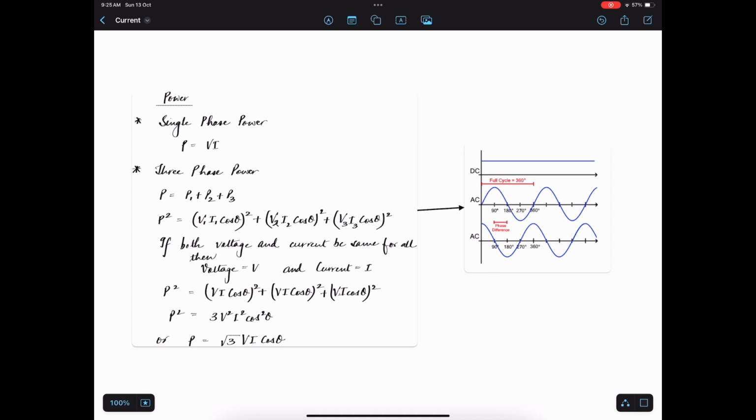But if the voltage is the same and the current is the same for all of them, if there is no voltage imbalance or current phase imbalance in all three of them, then the three phase power will be equal to root 3 VI cos theta, where cos theta again is the power factor.